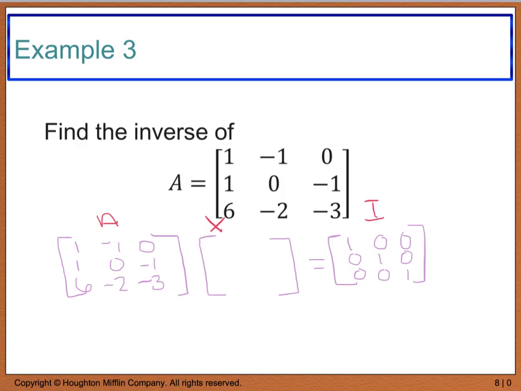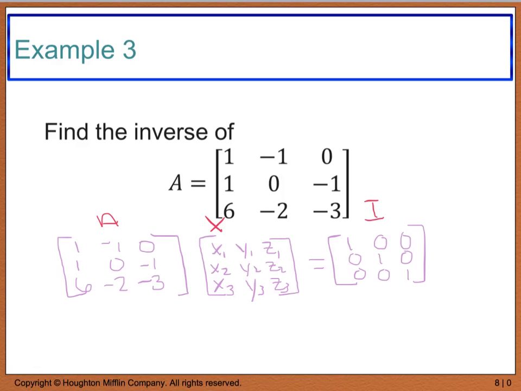And in this case, for my matrix X, because I have 3 equations with 3 unknowns, I'm going to plug in X1, Y1, Z1, X2, Y2, Z2, and X3, Y3, Z3.